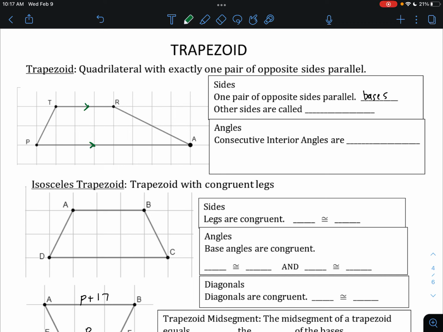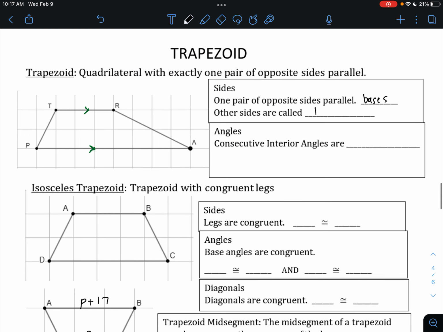The other thing we know about trapezoids in general is that the other sides are called the legs. So segment TP and segment RA are the legs of the trapezoid. It's just some terminology that you're going to need to know. This is definitely one of those things you're going to want to remember: which ones are the bases and which ones are the legs.